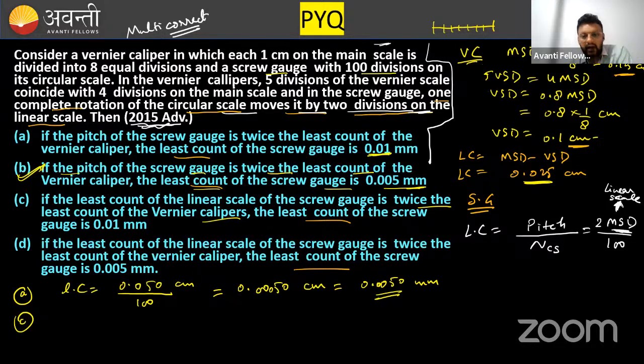अब वो मुझसे कह रहा है लीनियर स्केल का लीस्ट काउंट मतलब एक डिवीजन is twice the least count of the vernier.